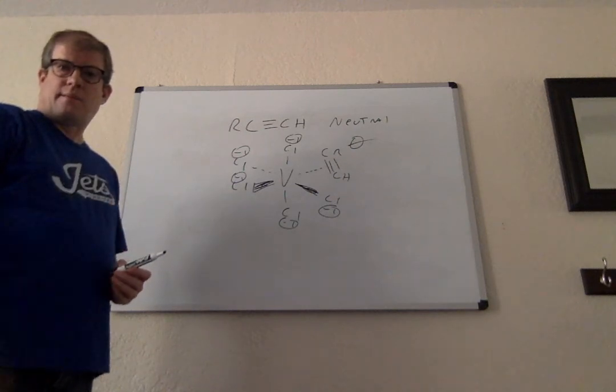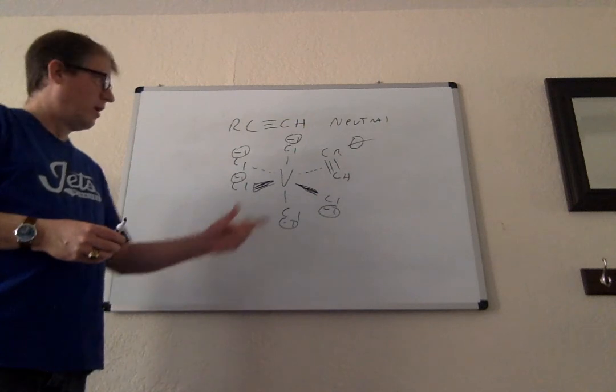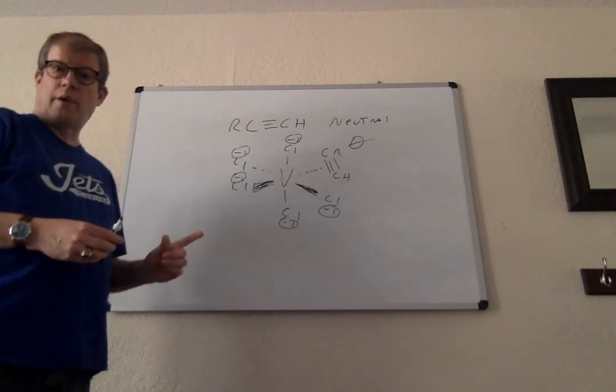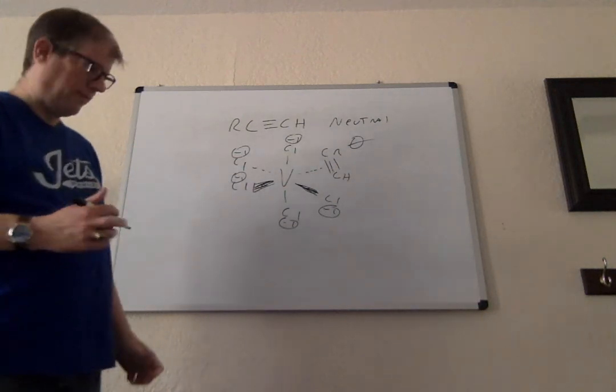But how many sites does it take up? And this is where there can be a little bit of confusion. But when you do this, it's only one of the 2 pairs of pi electrons that bind to the metal.